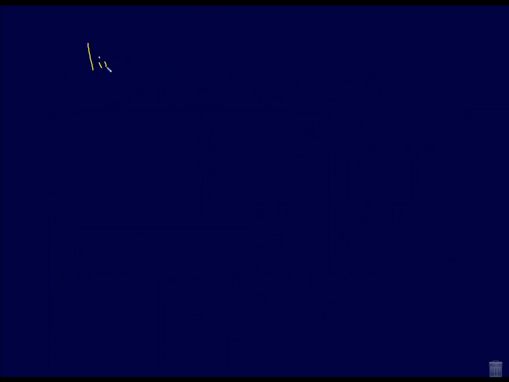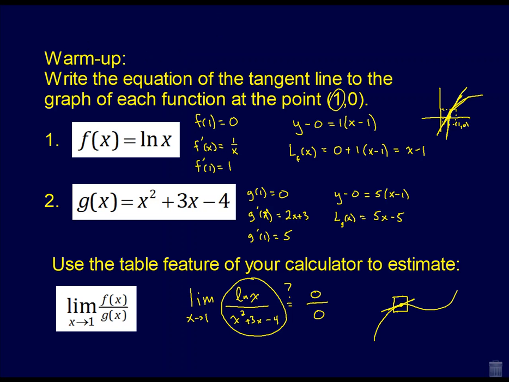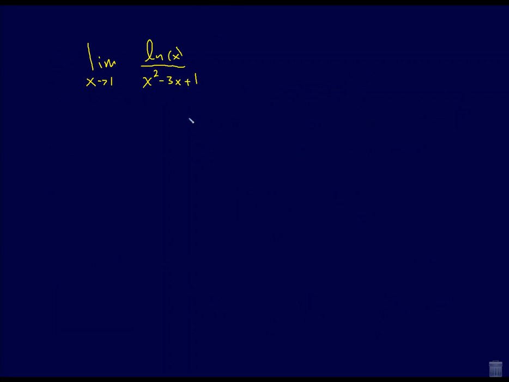So we're asked to find the limit as x approaches 1 of the natural log of x over x squared minus 3x minus 4.